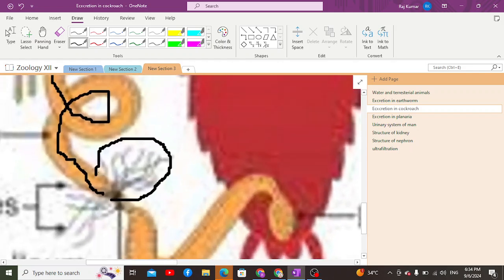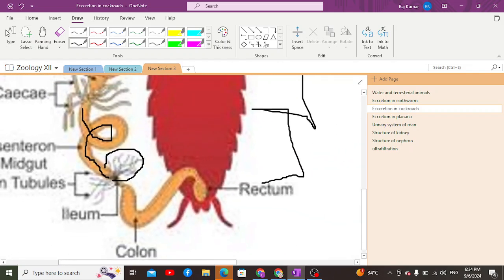The Malpighian tubules are surrounded by the hemolymph, and they actively and selectively reabsorb and filter out the excretory products such as uric acid from the hemolymph, and send them towards the ileum.